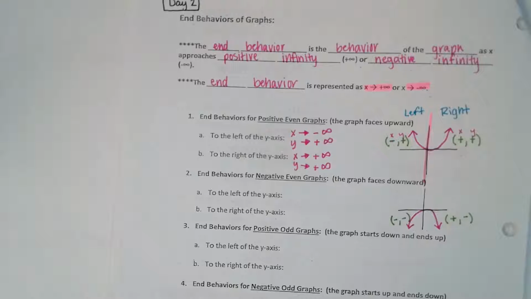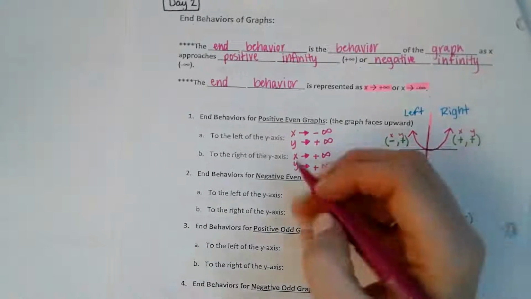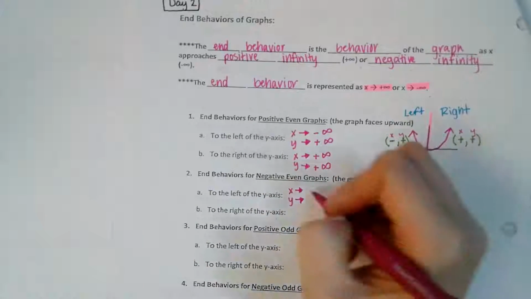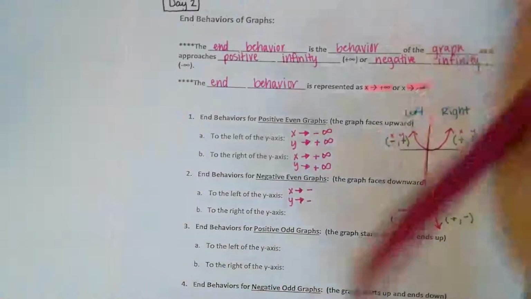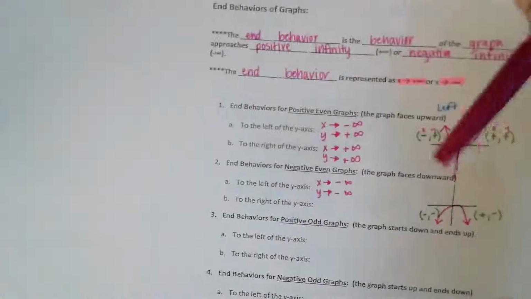So again, on the left side, my x and my y value are both approaching negative infinity. If you can't draw this infinity sign, just flip your paper to the side and draw an 8. Just a trick.